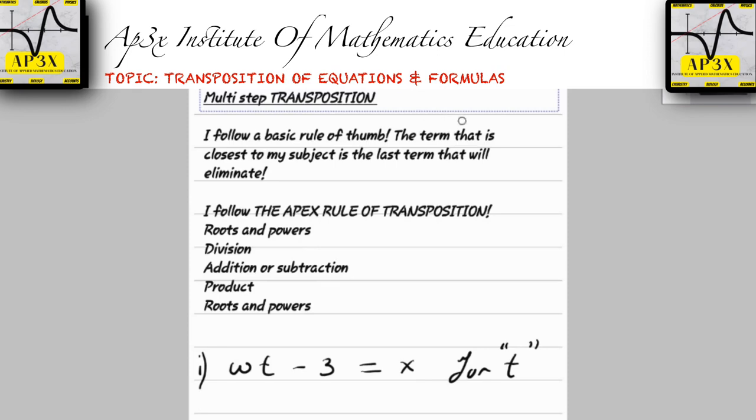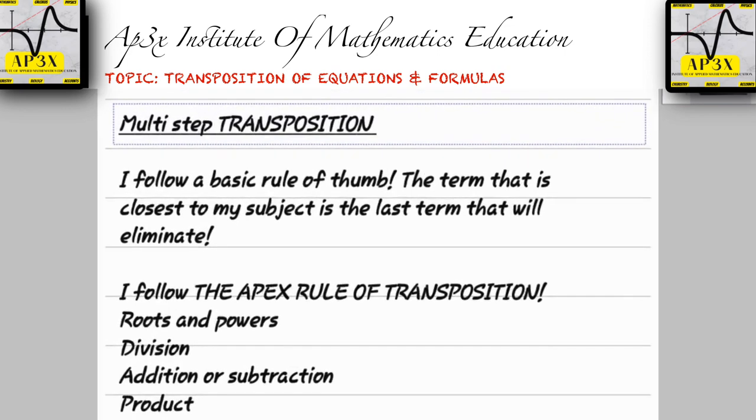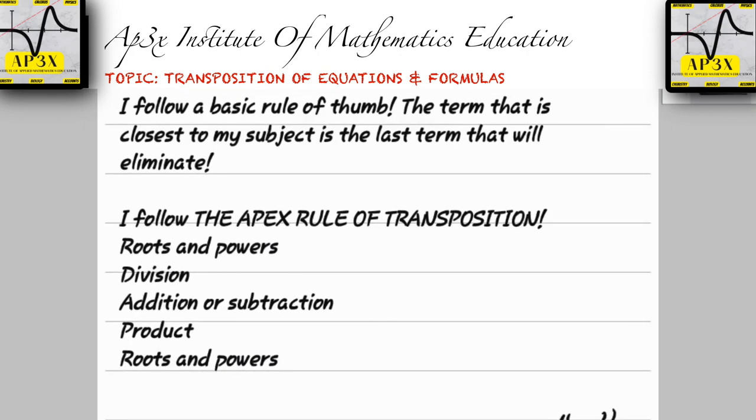So my rule of thumb is that the term, or it could be a constant, that is closest to the intended subject, the subject that I'm looking for, is going to be the last thing that I'm going to eliminate, that I'm going to be trying to get rid of or to remove or to isolate. It's going to be the last thing. And my rule of thumb is this. I follow the apex rule of transposition. I've given it my personal name.